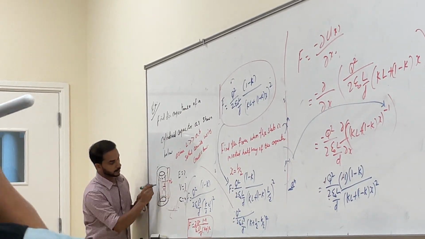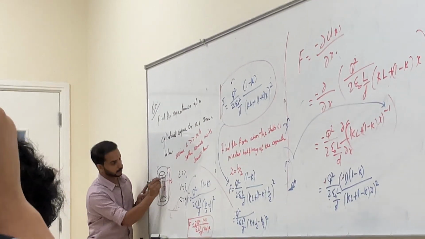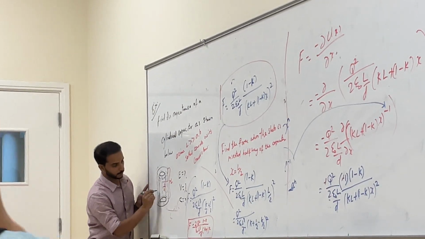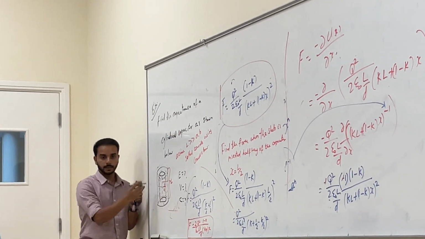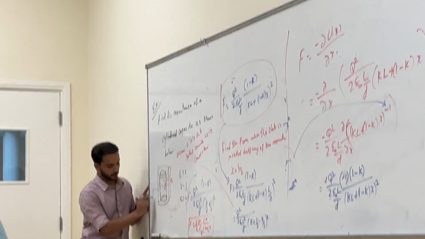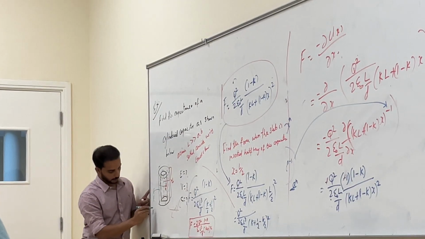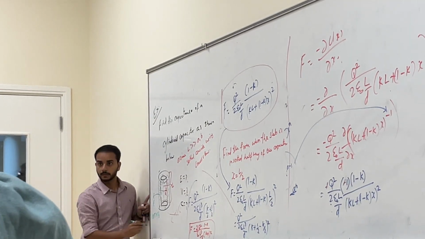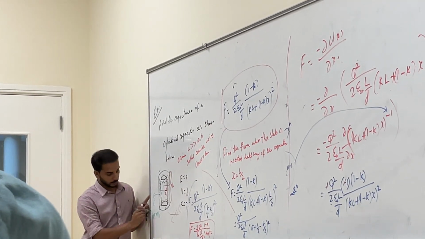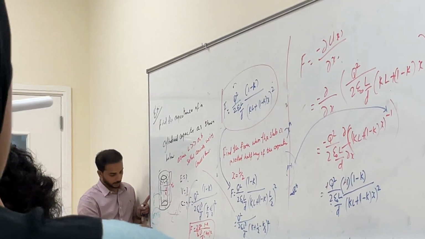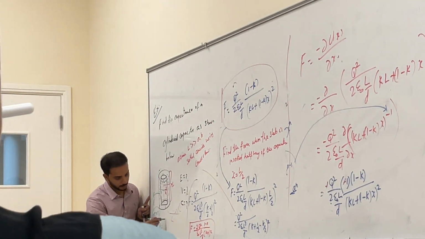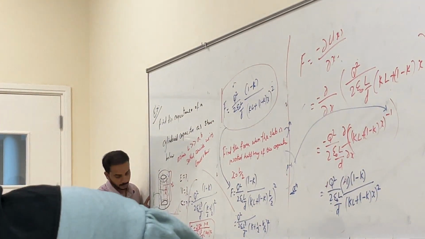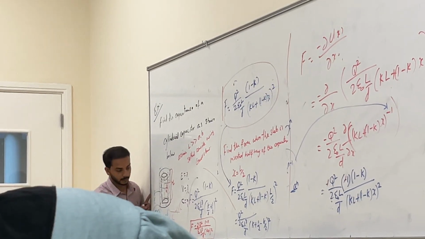So you just take this Gaussian cylinder in between with a radius of r, right? And you find the electric field between A and B. Then if you have the electric field, the potential will be the integral from A to B of E dot dr. Then you can find it.